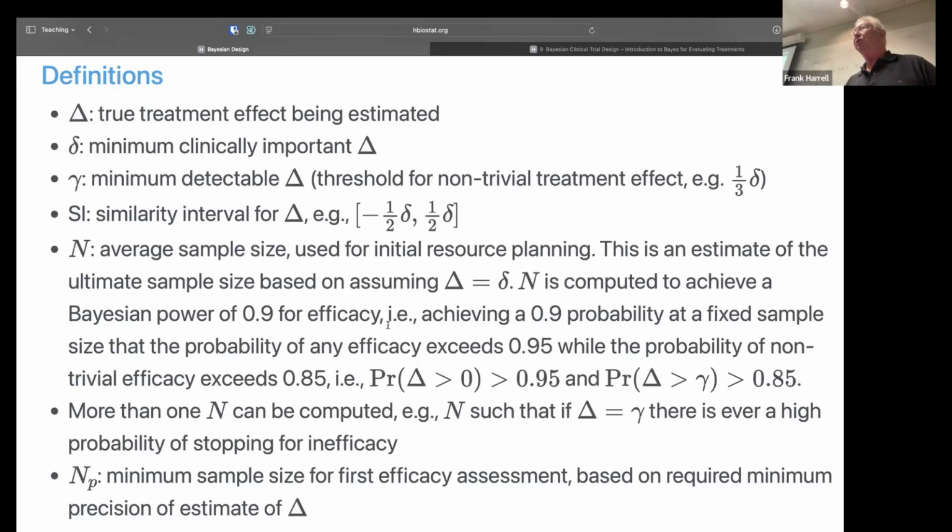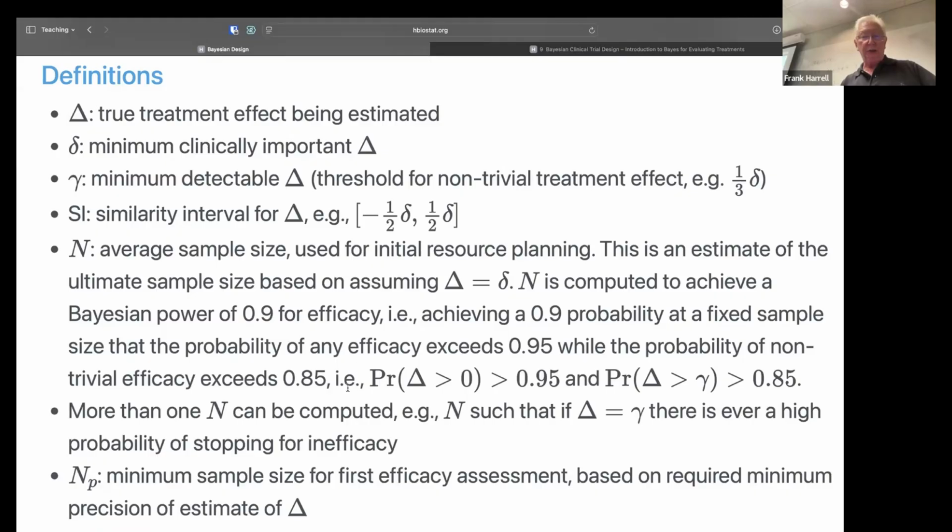So Bayesian power is much simpler than frequentist power because everything is in the predictive space, whereas the frequentist world looks like a retrospective space. So everything here is actually simpler. You want to have a high probability of getting a high probability of efficacy if you're at the MCID.